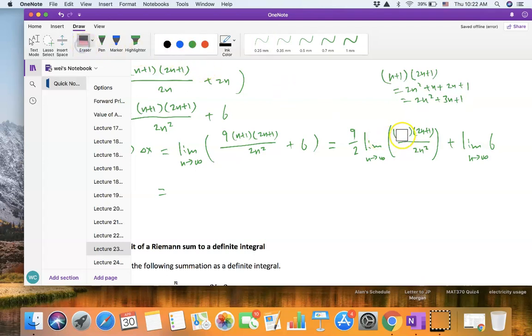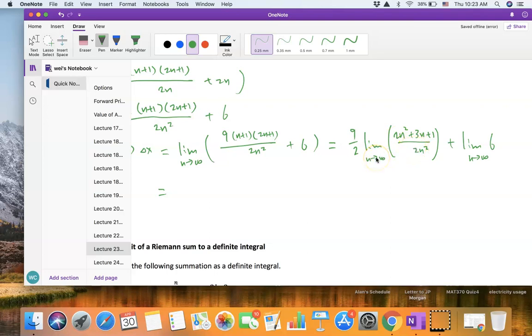The leading terms of numerator and denominator are both degree n squared. Since the degrees are the same, the limit equals the ratio of the leading coefficients.